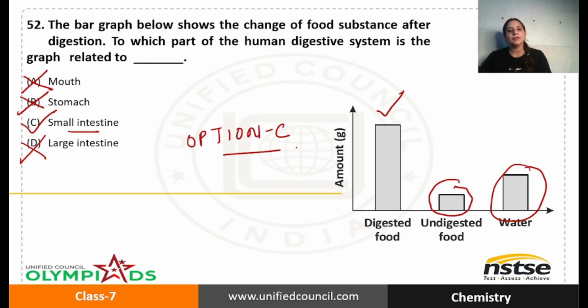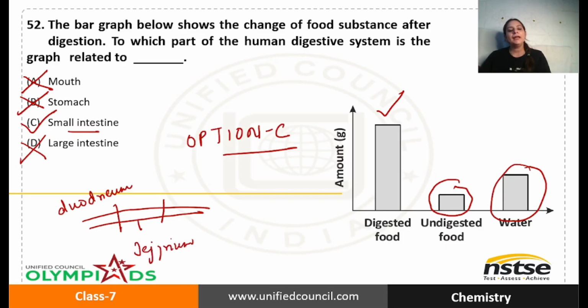Option C. I'll tell you, the small intestine is the largest part of the alimentary canal. The small intestine is roughly divided into 3 parts. I'm telling you this just for your knowledge. The first part is called duodenum, the second part is called jejunum, and the last part is called ileum.